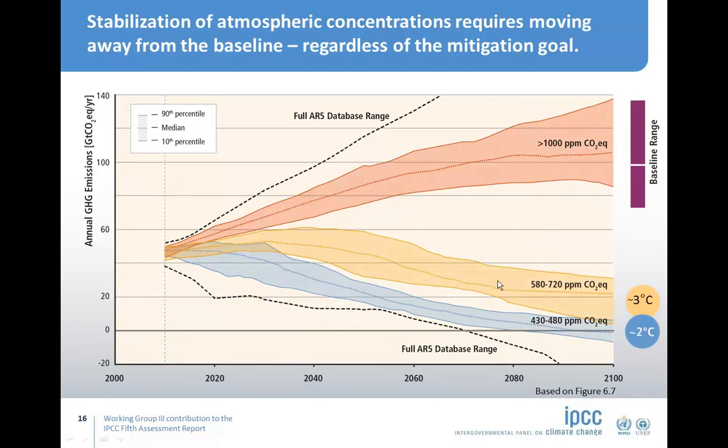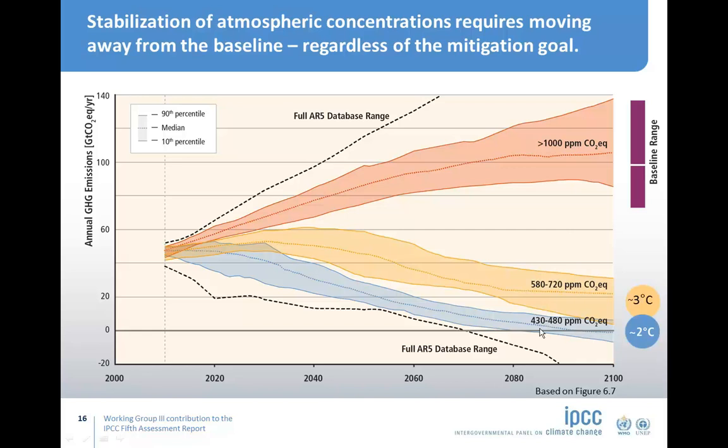What we then need to look at is what are called the scenarios for reduced greenhouse gas emissions. And the IPCC looks at a number of scenarios. So they're looking at what happens if we do nothing, what happens if we reduce by this amount, what happens if we reduce by smaller amounts. And they talk about these in terms of concentration levels.